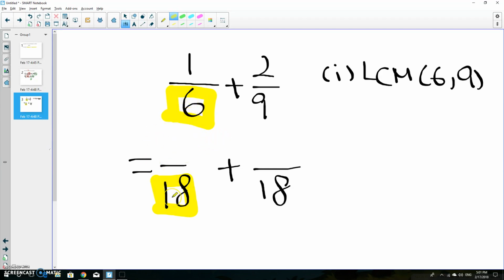So 6 times what number gets to 18? We know that it's going to be multiplied by 3. So if I multiply by 3 down here, I'm also going to multiply by 3 up there. So 1 times 3, we get a nice 3 over here. So this part is fixed.